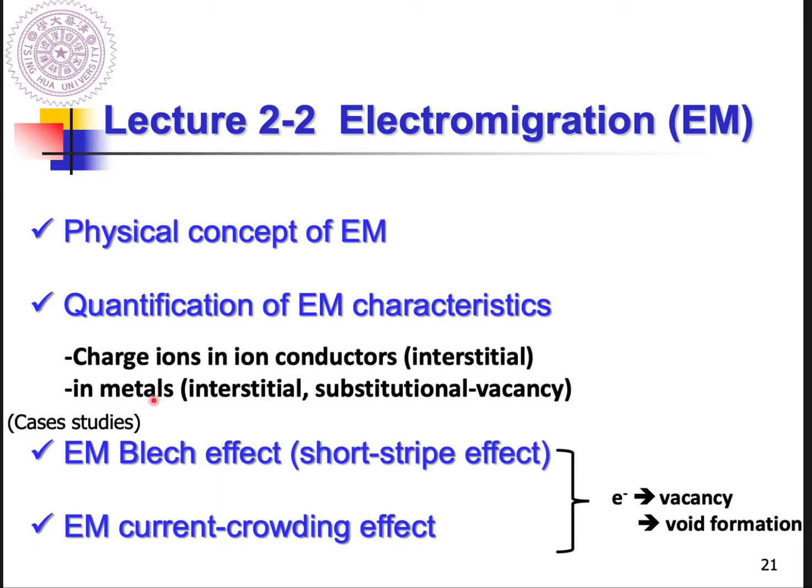And the second category is the metal materials, on which we will put more effort. You apply an electrical field on the materials, and we are going to figure out what the atomic flux of interstitial ions and metal ions at the substitutional sites in pure metals is.